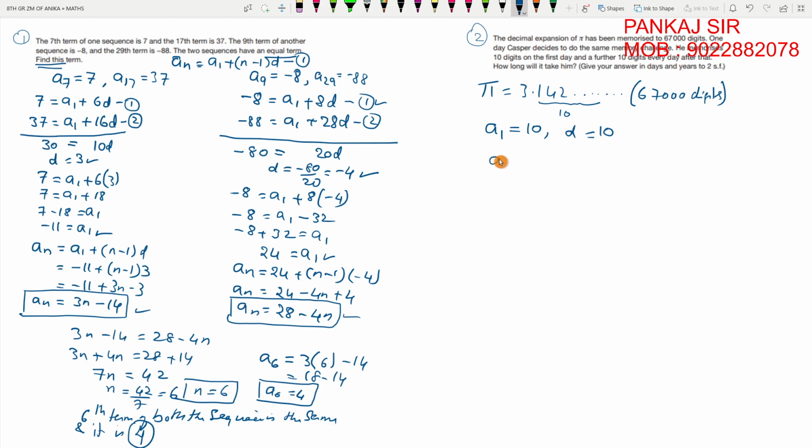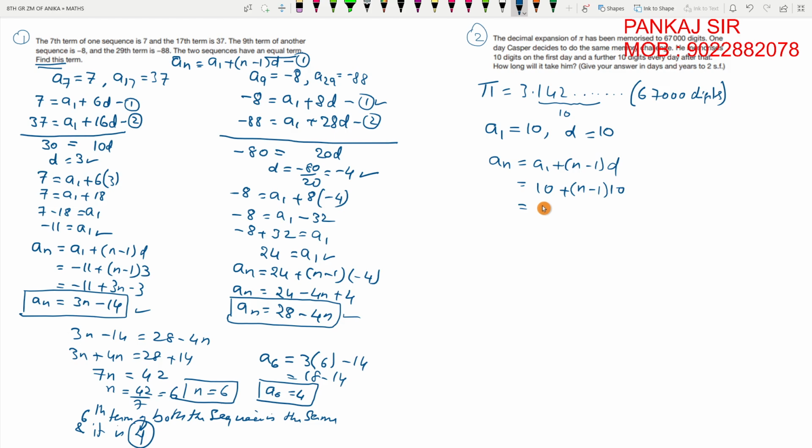So for this sequence, an will be equal to A1 plus n minus 1 times d. Now A1 is 10, that we know, and d also is 10. So an equals 10 plus n minus 1 times 10.